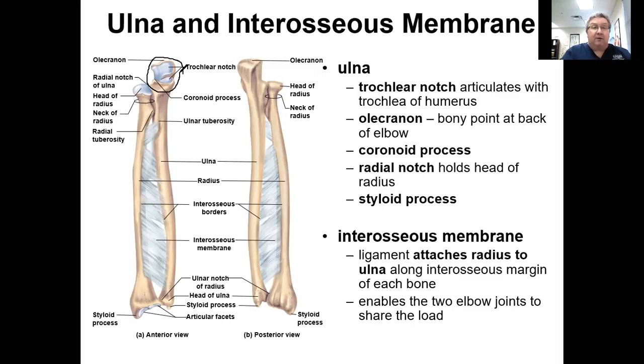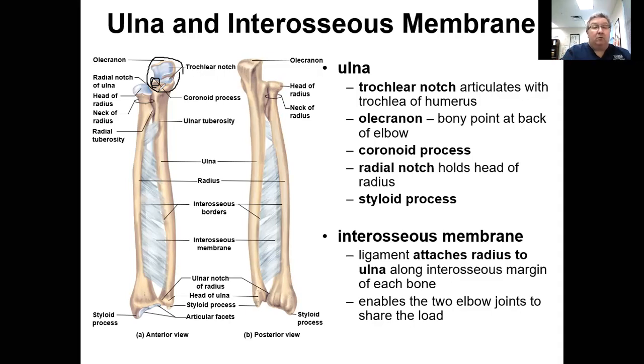The top part is the olecranon, the bony point of the elbow. In the middle is the trochlear notch itself. And then on the bottom, right here, this point is known as the coronoid process. Remember, on the anterior portion of the humerus, there was a coronoid fossa. This coronoid process articulates with that coronoid fossa.